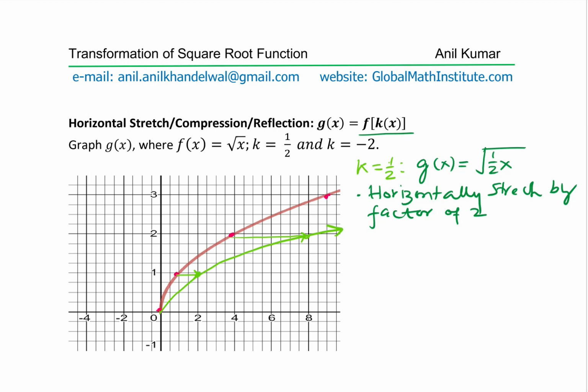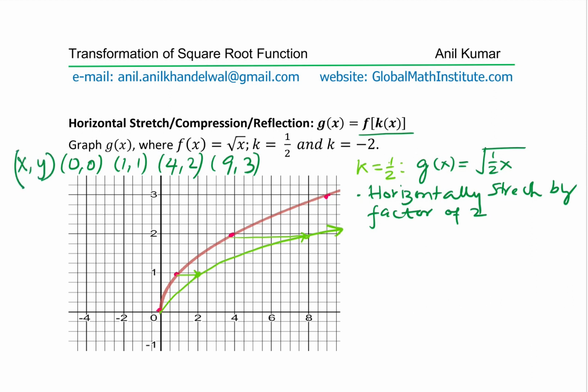Now let me write down the new values for the transformed function. The key values which we had been always considering are 0, 0, 1, 1, 4, 2, and 9, 3, right? So these are the original x, y values.